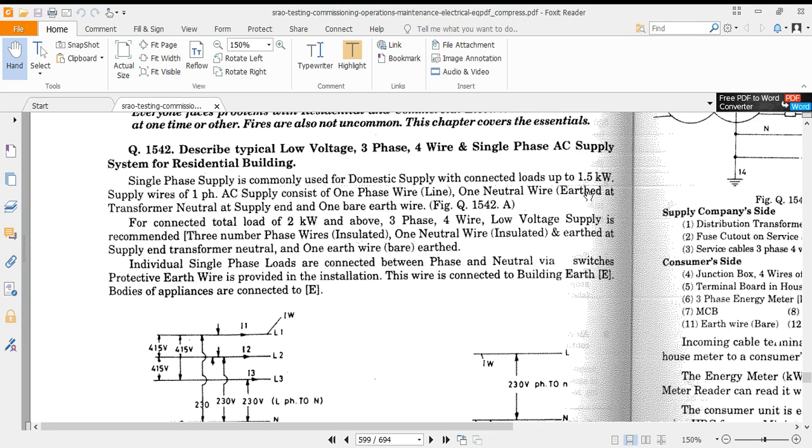At least 1 kilowatt is for our iron box. All our present day iron boxes are of 1 kilowatt.